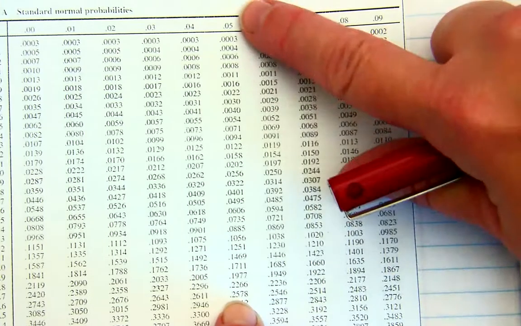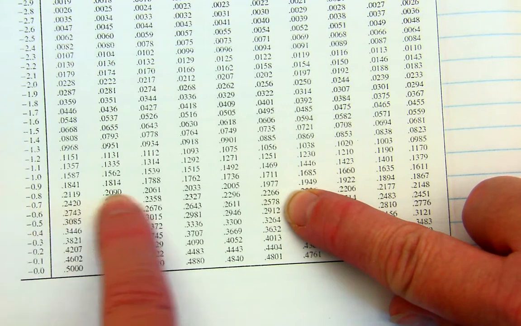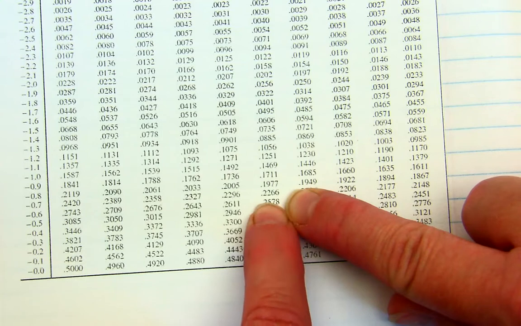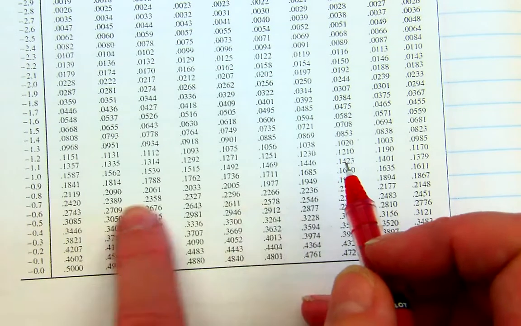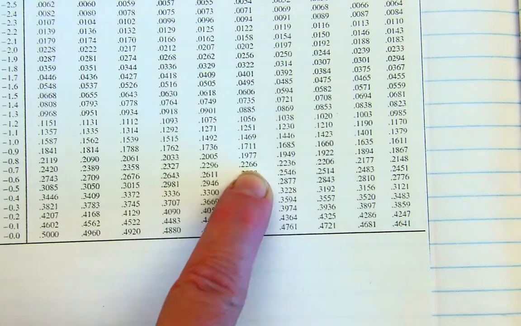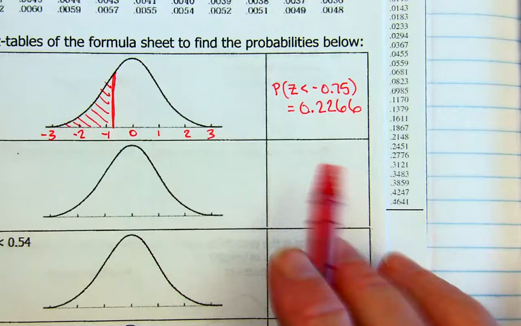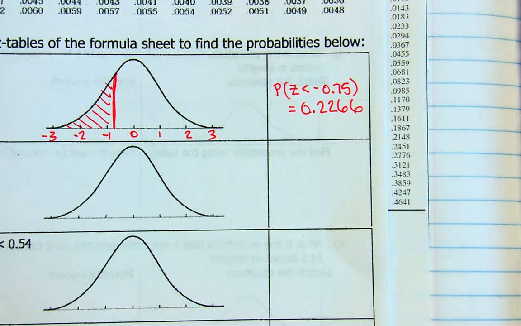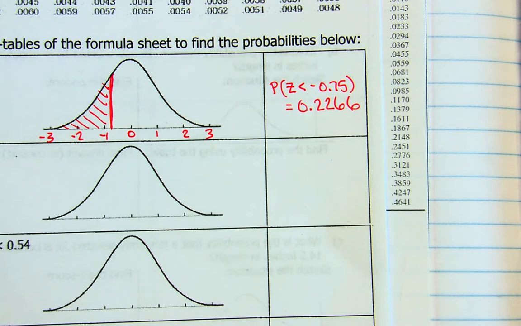Okay, so this is the 0.05 column, and I'm going to look at the 0.7, and that's going to give me a value of 0.2578. Right? No, wait, that's in the wrong one. 0.2266. Sorry. Okay. So that is my probability. So that's how I get to that value. We always have the right to use this, yep, that's considered showing your work or using correct notation.